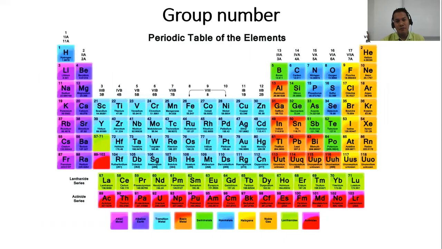Now, once again, I'll be showing you the periodic table. In our previous lesson, we talked about group number, and the group number tells us about the valence electrons in the outer shell, in the last shell.